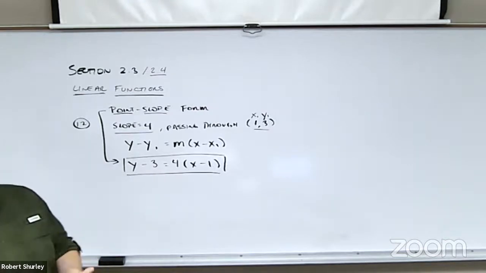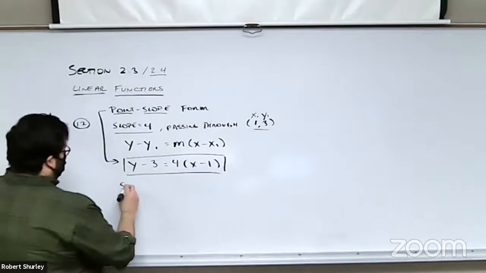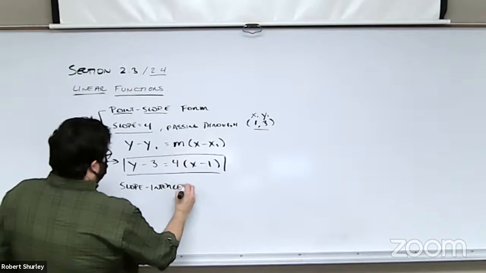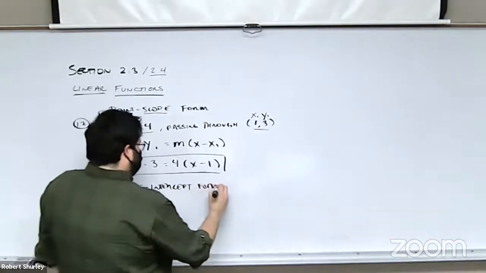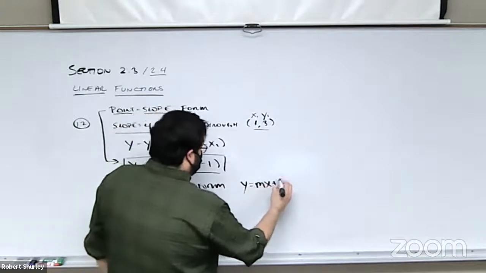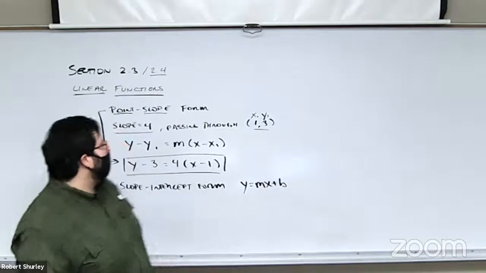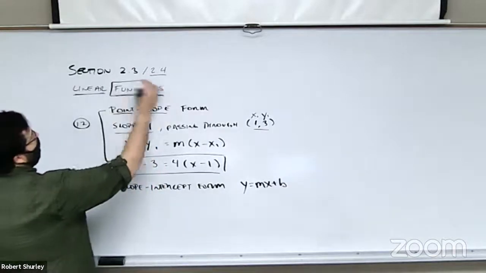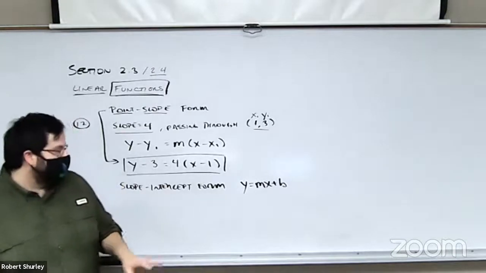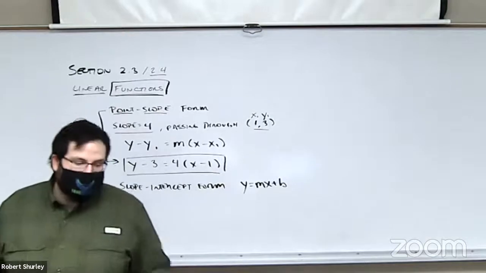The next thing they ask is to put it in slope intercept form, which is the most common form of a line. Slope intercept form is y equals mx plus b. The reason this is the most common form is because it's really written in function form. Remember, if we're going to write these as a function, we have to get y by itself. We'll call it f of x, but we have to get y by itself.